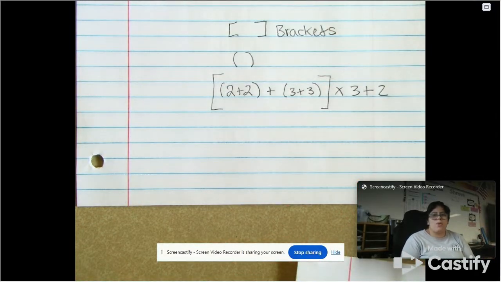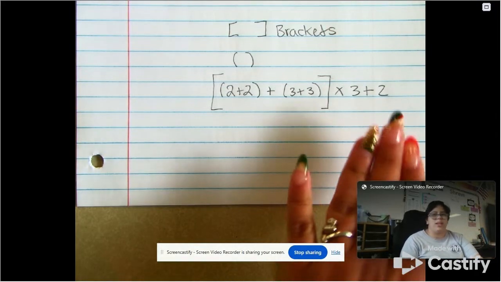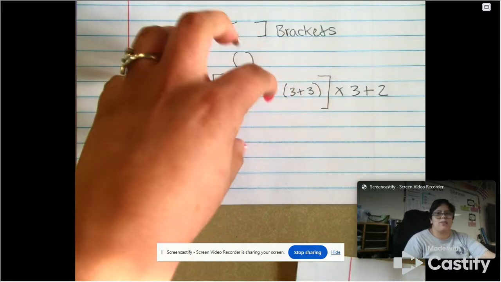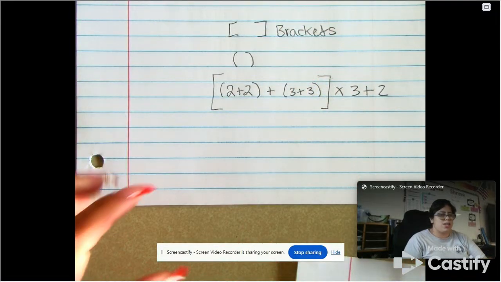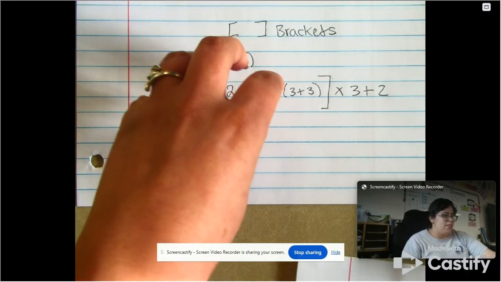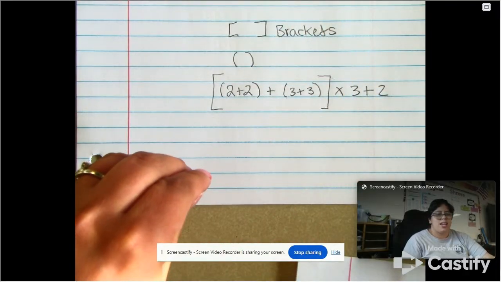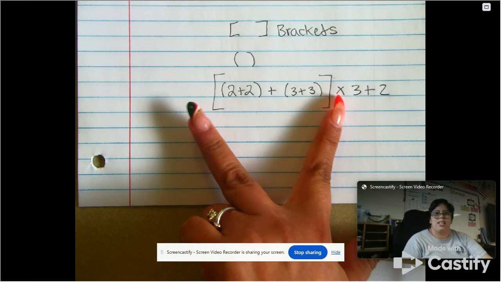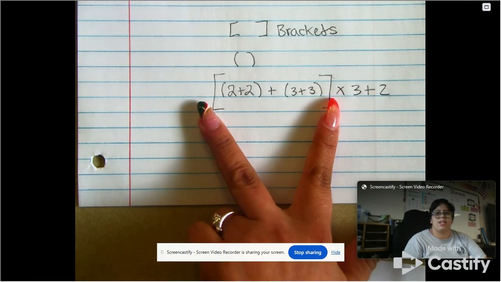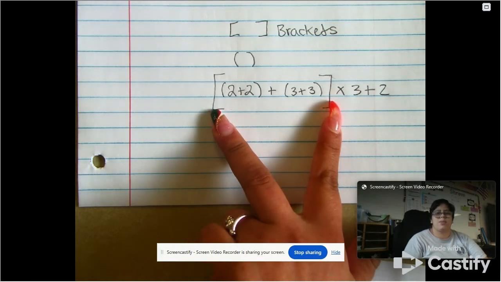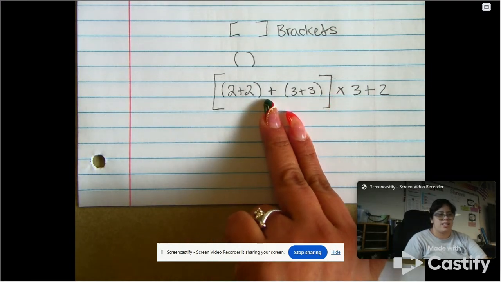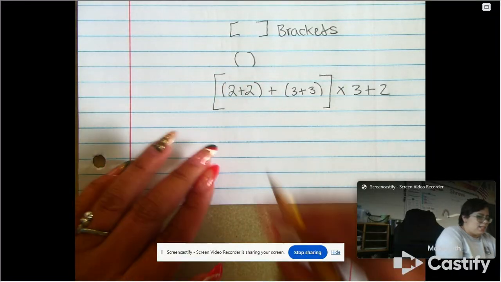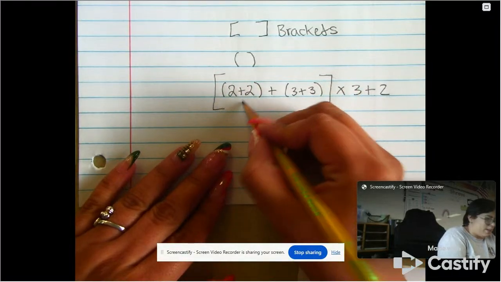So what it means is that we are ignoring what's outside of these brackets, and we're really focused on what's in here first. So it's saying focus in here first, then do what's in the parentheses. And then when those parentheses disappear, then these brackets mean to finish off what's in here, because we have an addition symbol in here. So what this looks like is, I look inside and I go, okay, I have parentheses.